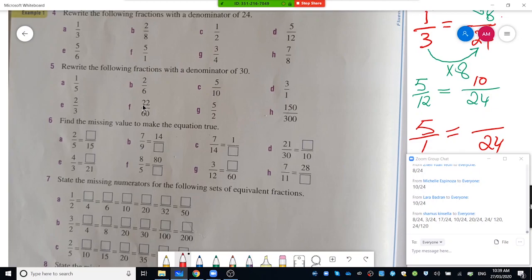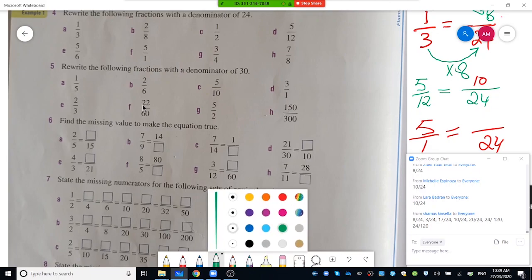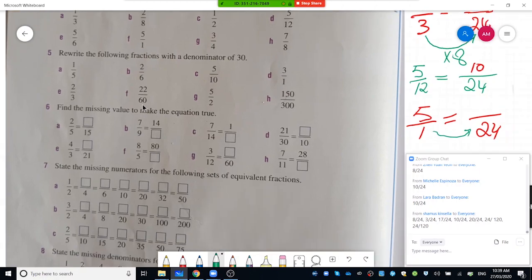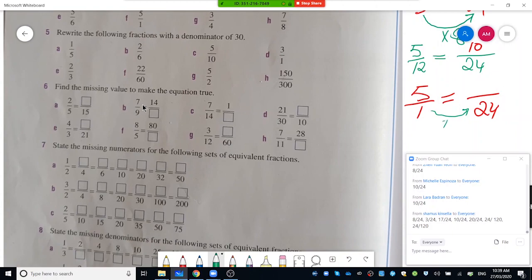Let me take a green color. If we have gone from 1 to 24, it means we have timed 1 by 24. So we will have to do the same thing here, and we would time 5 by 24.